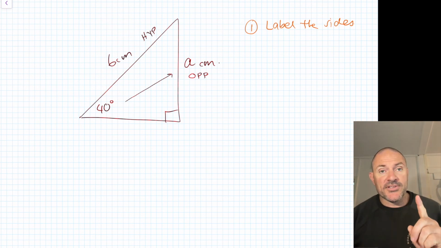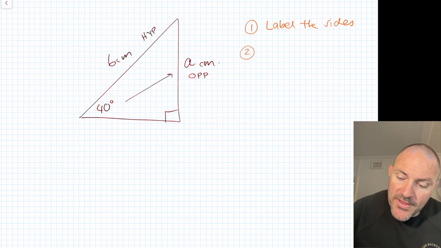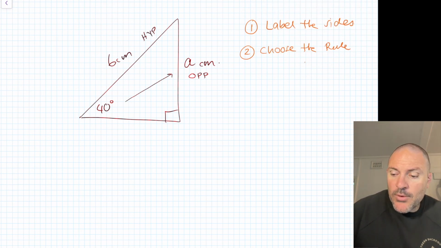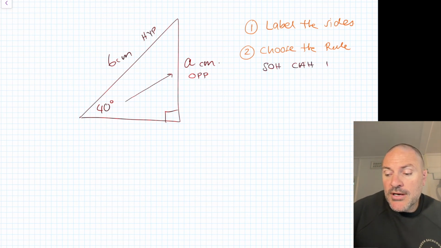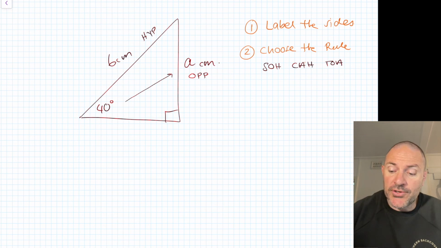That's the first thing. Number 2, I then want you to choose the rule. When I say choose the rule, that's out of SOH, CAH, and TOA. So in this instance, what rule would you choose?